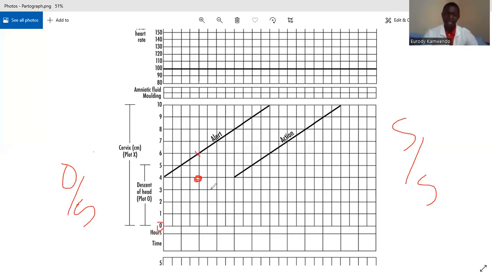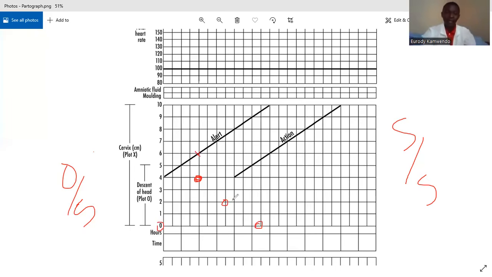Then as you continue checking, you need to assess descent after each vaginal examination, which you can do at 4 hourly or at 2 hourly. Apart from that, you need to also document the time, that is, how the descent is taking place. Maybe let's say after 4 hours you do a vaginal examination and you find that the descent is now at 2 over 5. It means that roughly after 2 hours, the descent may come to 1, or literally 0, meaning 0 over 5.